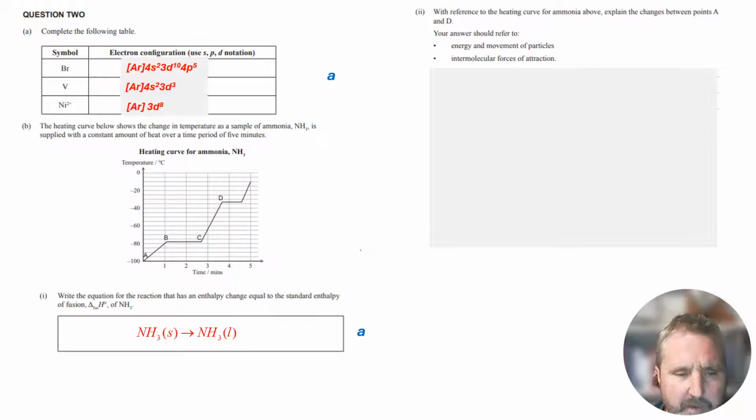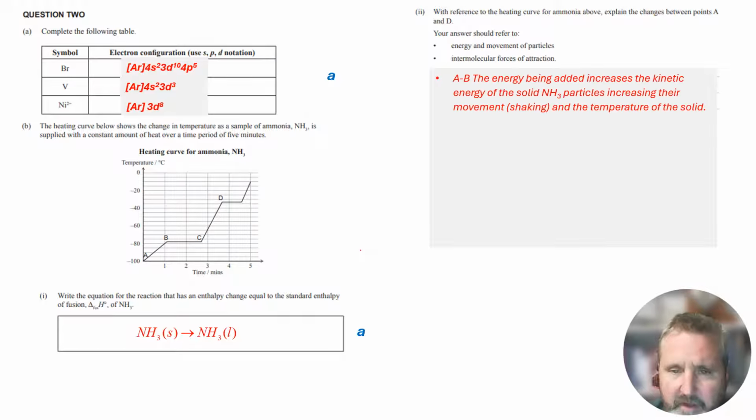We talk about each one separately. So we start with A to B. As energy is added, the kinetic energy of the solid particles increases, and their movement, if they're solid, it's a shaking or vibrating movement, increases. And so does the temperature, right? Because the shaking is increasing, the temperature increases. So that's all that happens here.